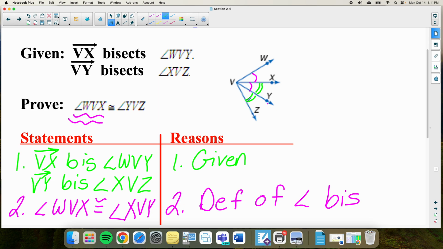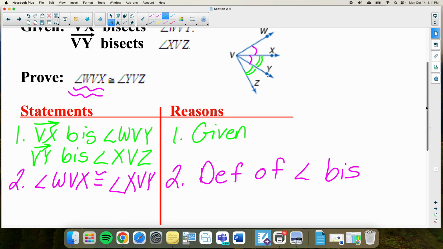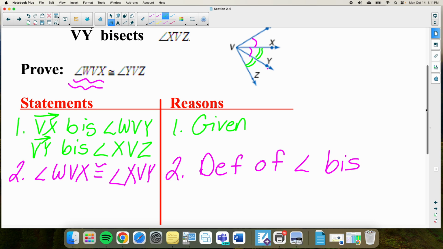When I name that top one, I want to name it the same way that I named this one right here. Okay, so I could say angle XVY is congruent to angle YVZ.